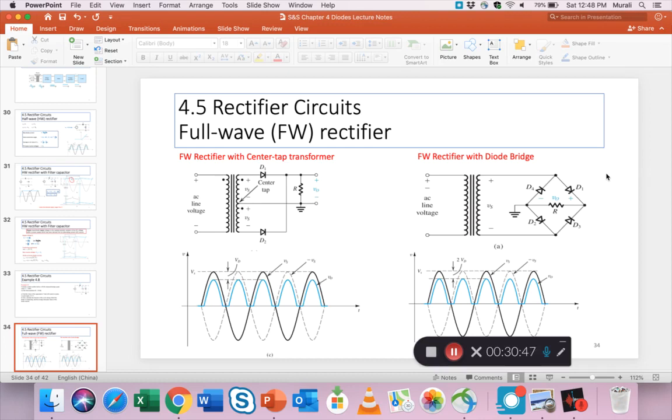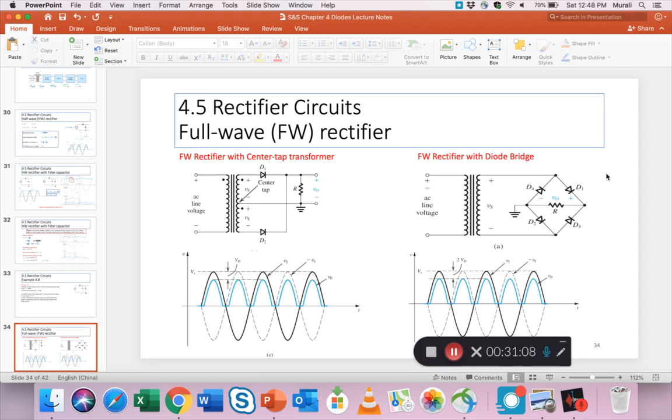So in the circuit on the left, what you see is a transformer with a tap in the middle. What that means is, from one transformer you're actually getting two different secondary voltages. Remember, transformers have the primary voltage and the secondary voltage, right?